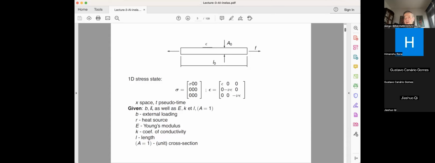And so one of the key challenges is providing the material, which has to be a very perfect heat conductor, to be able to handle such conduction of heat at a very high temperature, which is a really huge challenge, because if you just perturb it a little bit, everything goes and explodes. So basically, the novelty is extending the loading and extending material properties to Young's modulus, coefficient of conductivity, and so on and so forth.